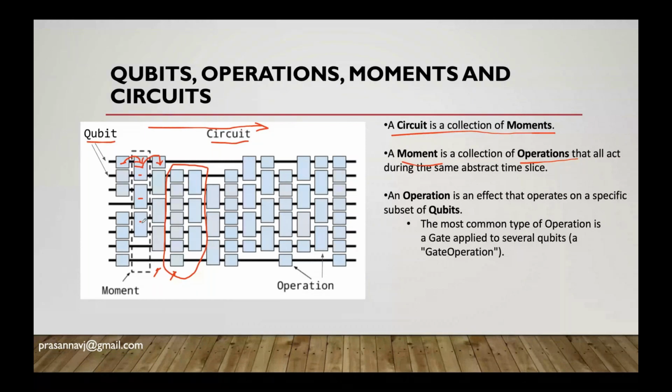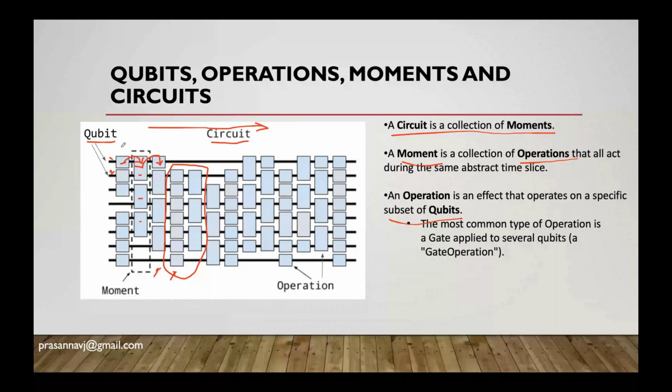An operation is an effect that operates on a specific subset of qubits. It could be a single qubit or multiple qubits on which the operation is done. To give you an example, when the circuit started, this is one qubit and this is another qubit. On the first qubit some operation is done, and on the second qubit some operation is done in the first moment.